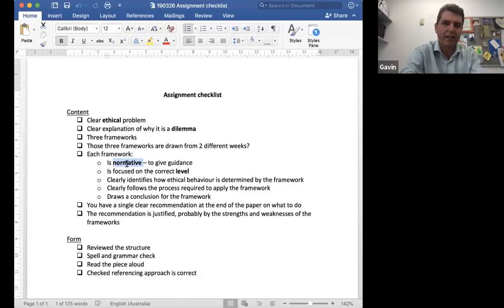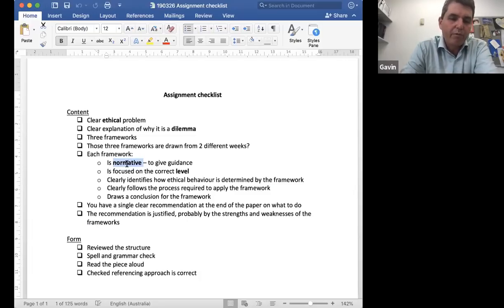Also, you're probably going to be going against one or two of the other frameworks. So why didn't you like their answers? Right? That's probably got to do with the weaknesses of those frameworks or the criticisms of those frameworks. So I think if you look at the strengths and weaknesses of each of the frameworks we use, that should provide some good solid reasons for your justification.